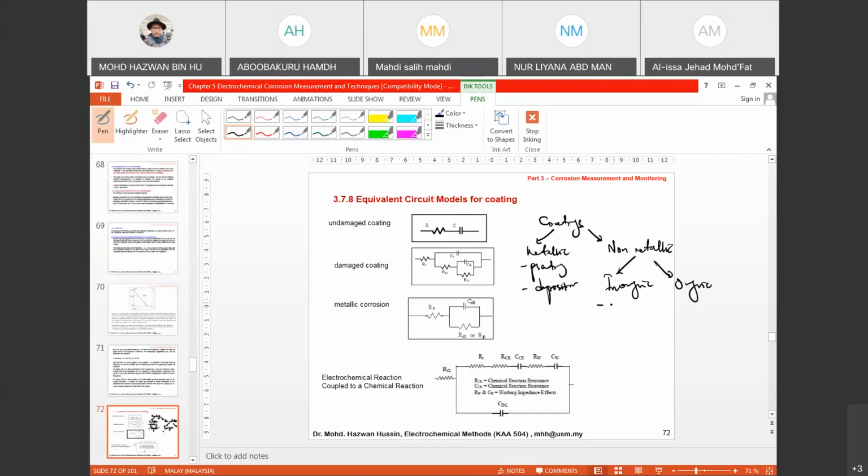Inorganic, as I said, is the application of ceramic coatings, concrete or cement. Meanwhile, for organic, it can be the application of paints, resins, or tar, whatnot.